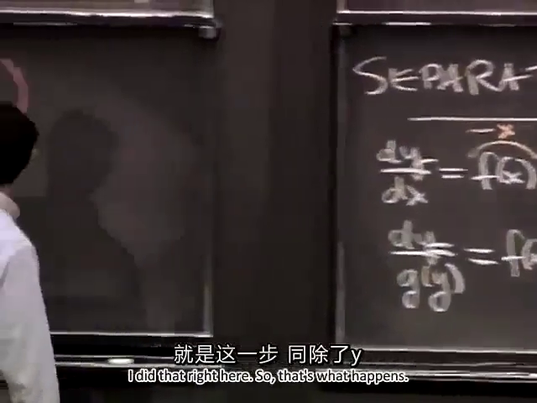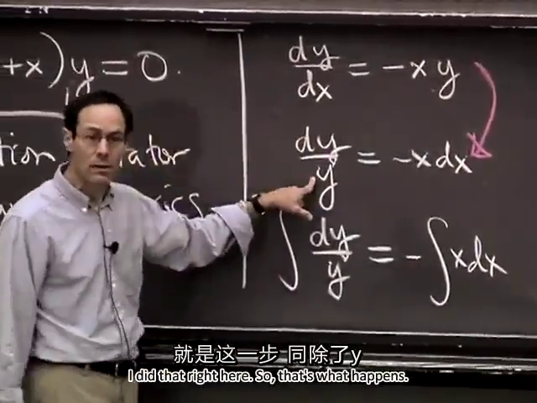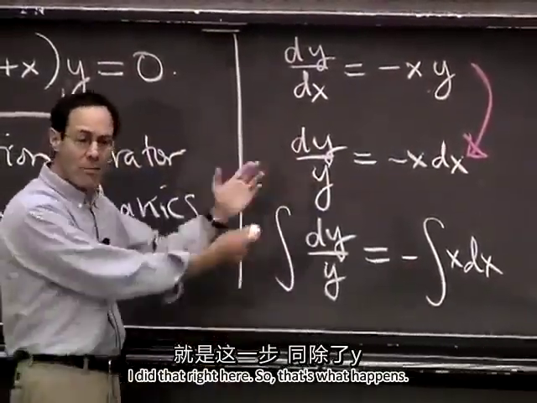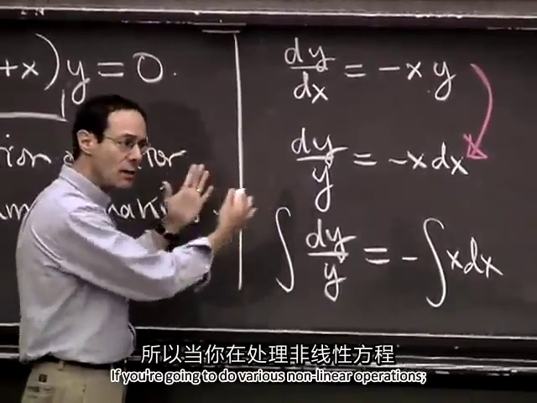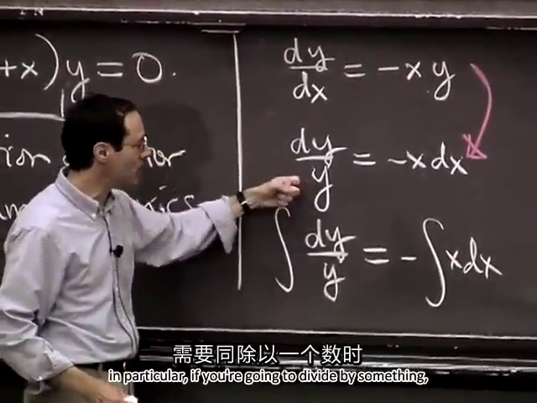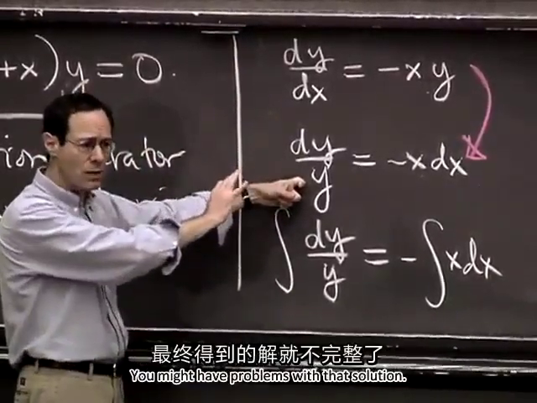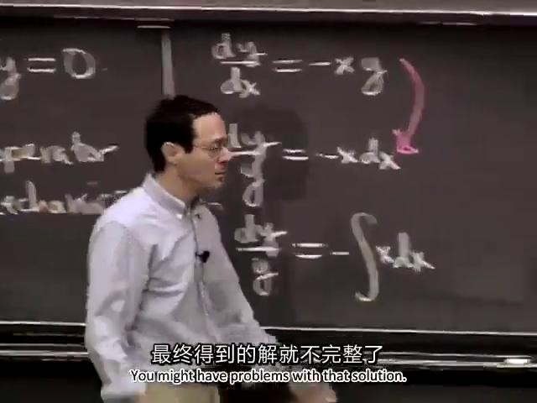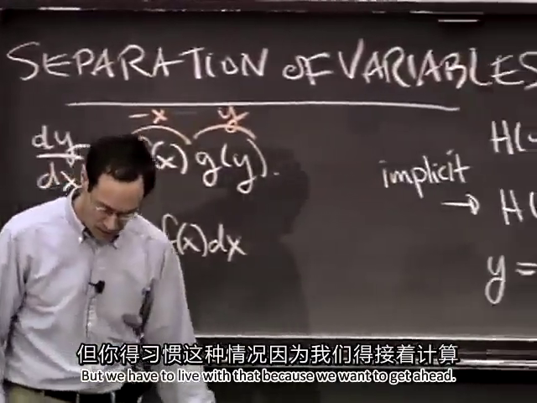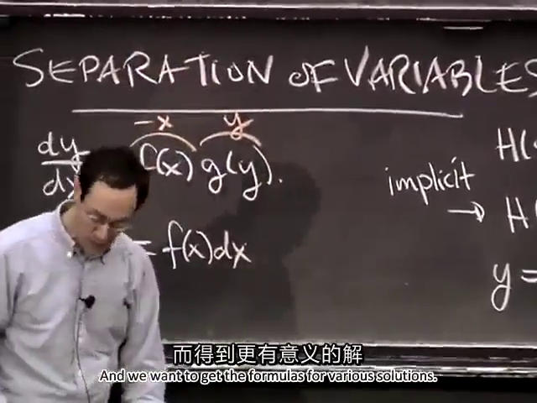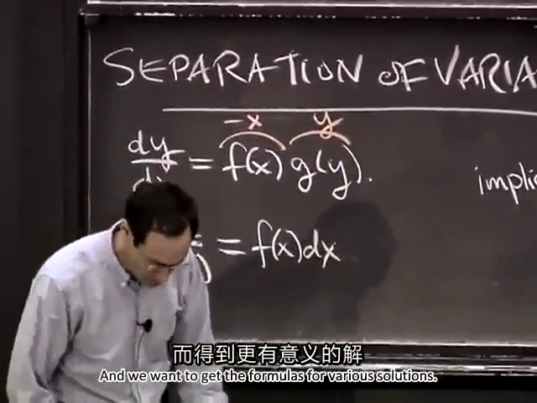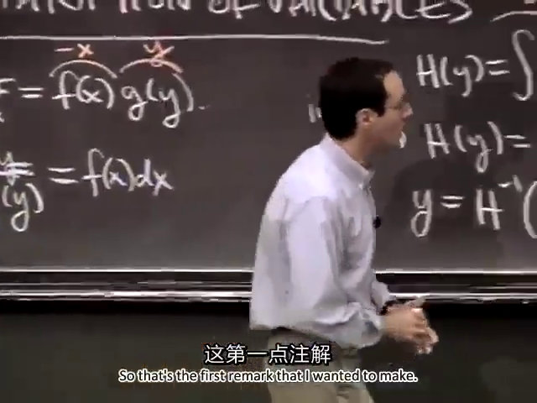I did that right here. If you're going to do various nonlinear operations, in particular if you're going to divide by something, if it happens to be 0, you're going to miss that solution, or you might have problems with that solution. But we have to live with that because we want to get ahead and get the formulas for various solutions. So that's the first remark that I wanted to make.